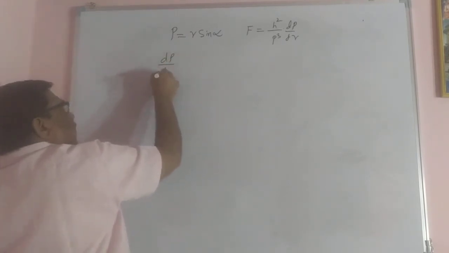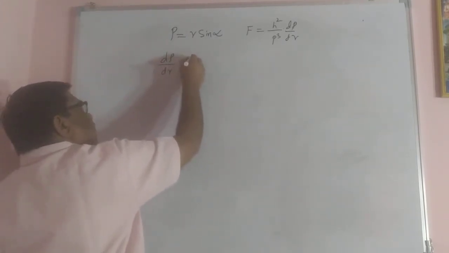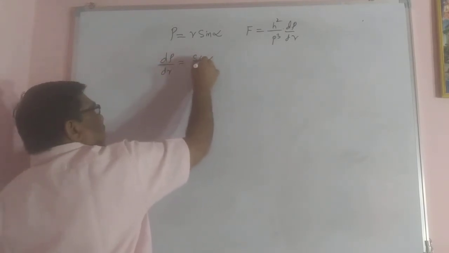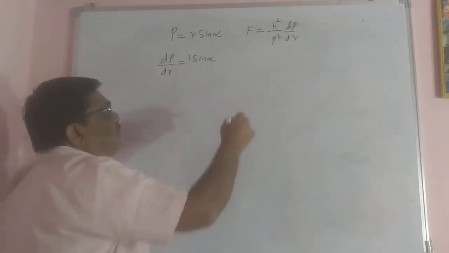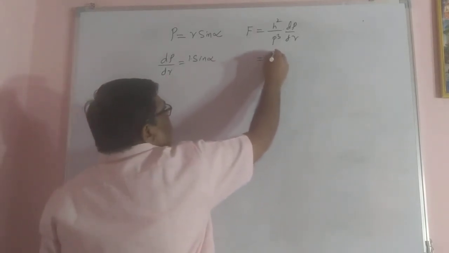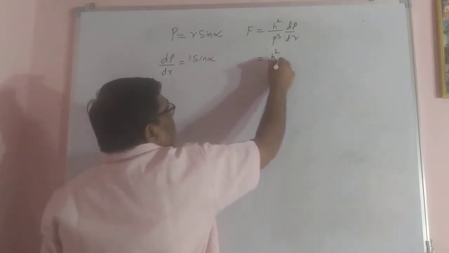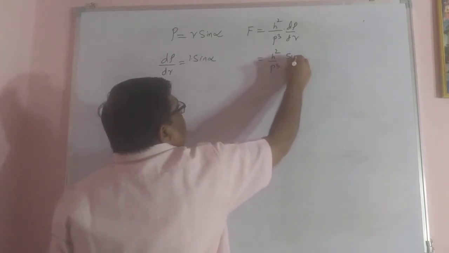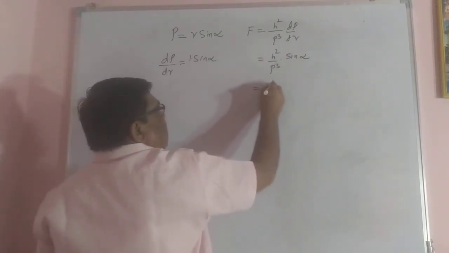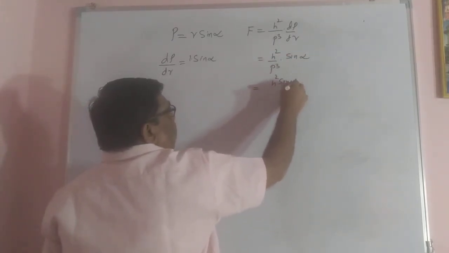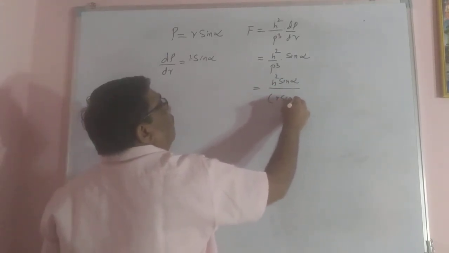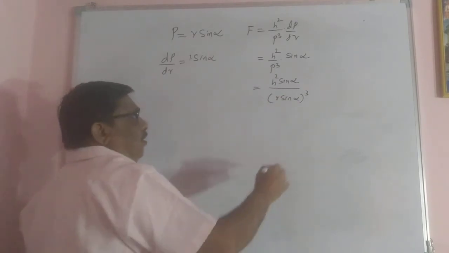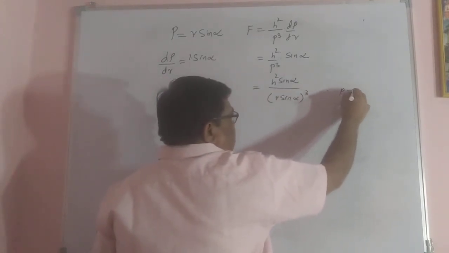dp divided by dr: r differentiation is 1, only sine alpha remaining. Substitute here. h square divided by p cube into sine alpha. So h square sine alpha divided by p value is r sine alpha cube, because you know that p equal to r sine alpha.